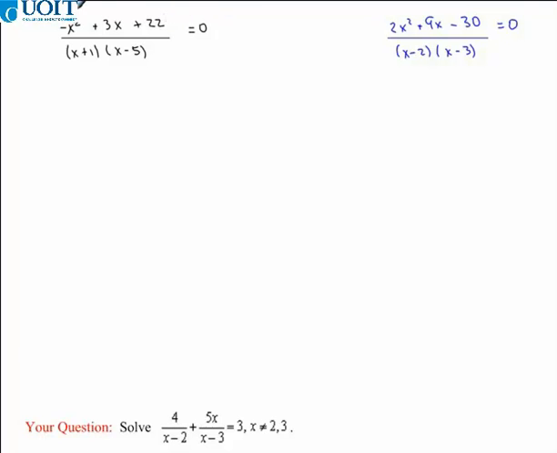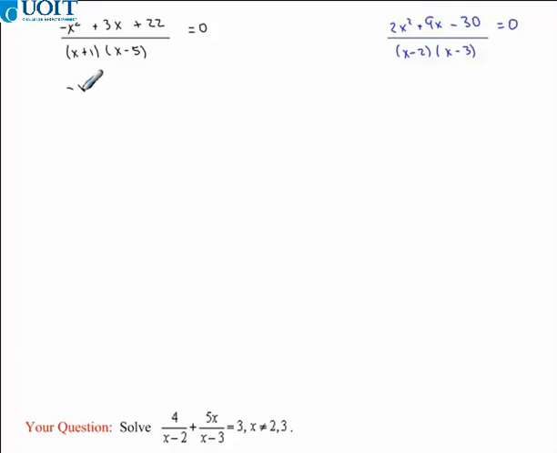This is because if the numerator is equal to 0, then we will have 0 divided by some number, which will always equal 0. So essentially, to solve this equation, we only need to look at our numerator. Once it is equal to 0, our entire equation is equal to 0. So we don't need to consider this denominator.